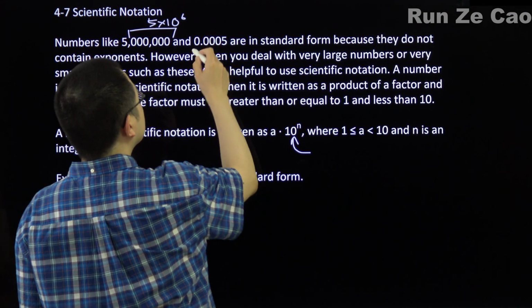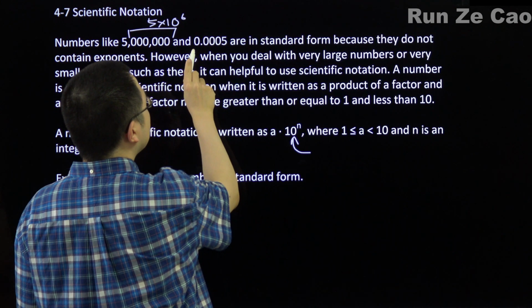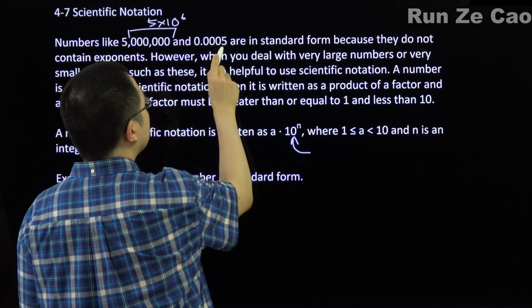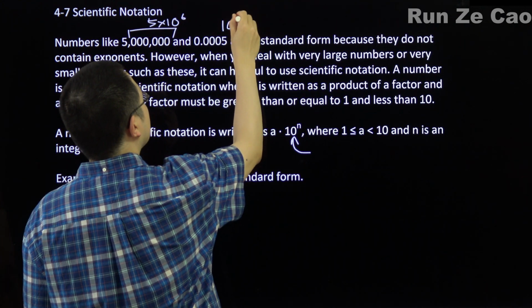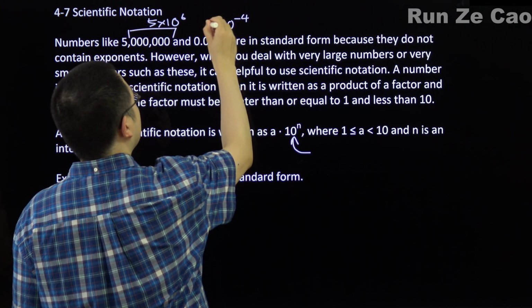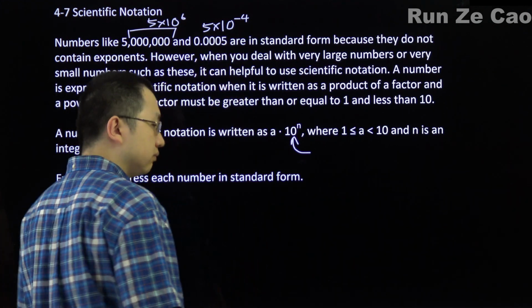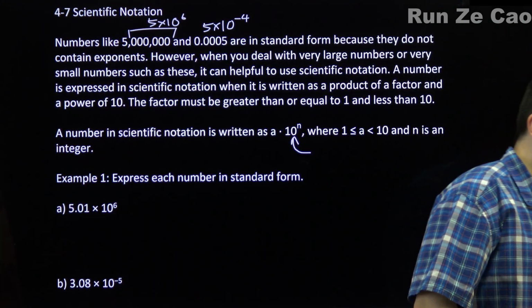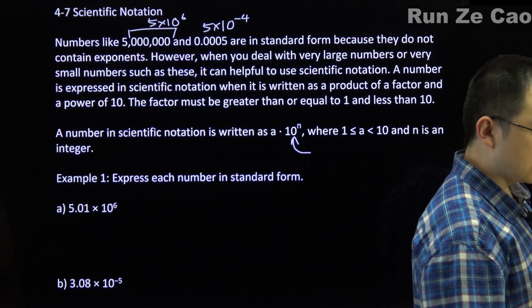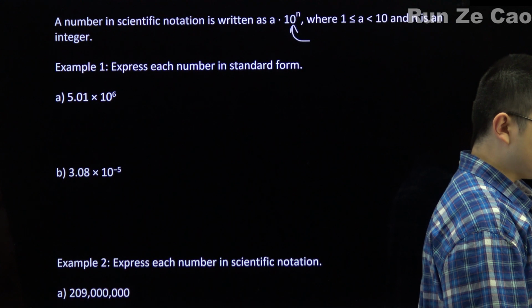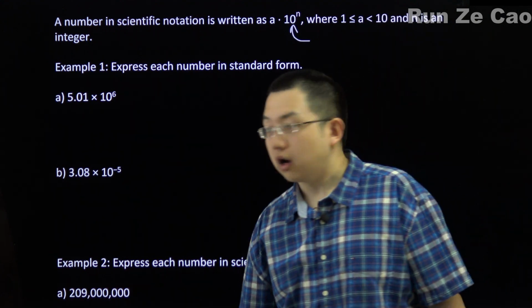And here, well, 10 to the 0th power is the units digit, 10 to the negative 1st, negative 2nd, negative 3rd, negative 4th. So 10 to the negative 4th. And what's there? Oh, it's 5. Starting at the 10 to the negative 4th digit, we have a 5 in that decimal. So let's express each of these numbers in standard form.